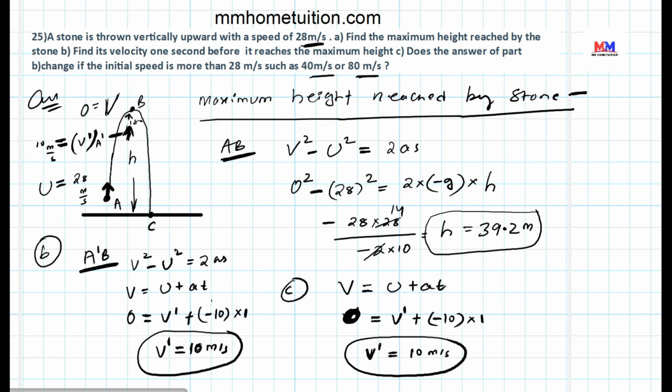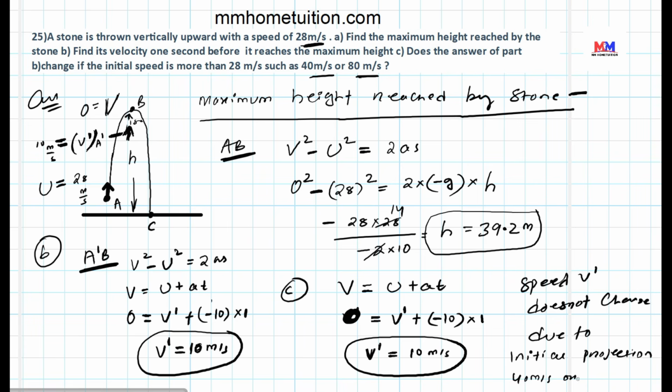So V dash does not change due to the initial projection of 40 meters per second or 80 meters per second.